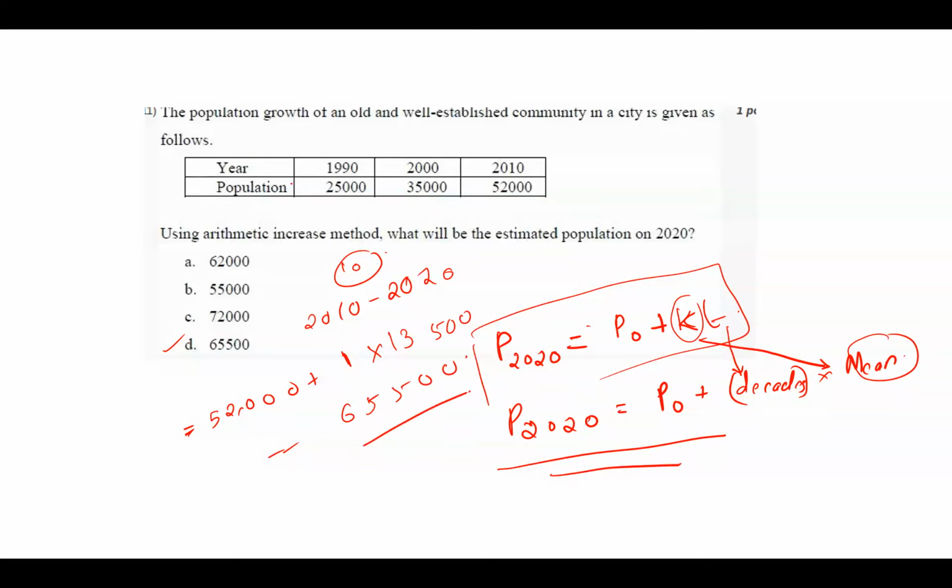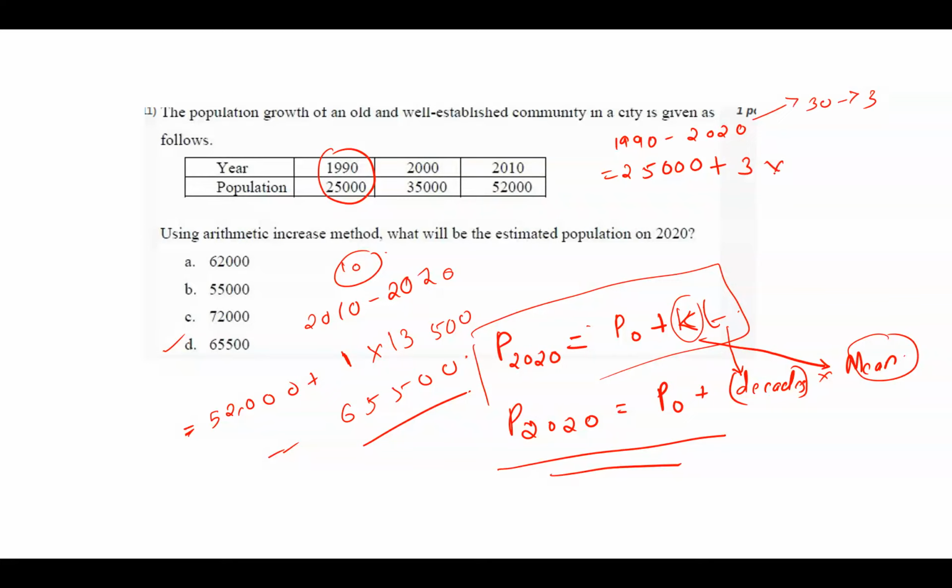Even if you take 1990, how does it come? Now you have considered 2010 here. If you consider 1990, then P naught is 25,000, plus the difference between 1990 and 2020. How much? 30, right? Convert that into decades, it is 3.